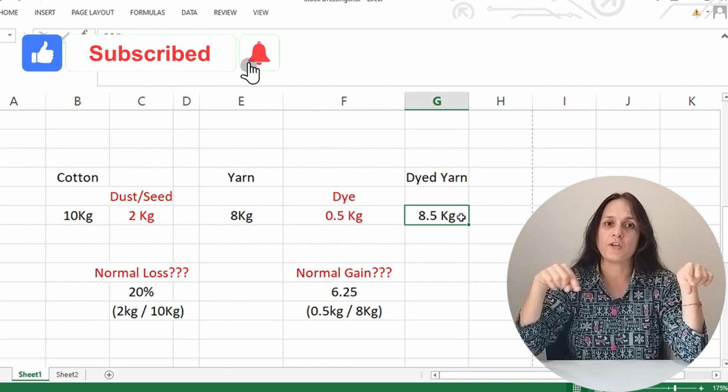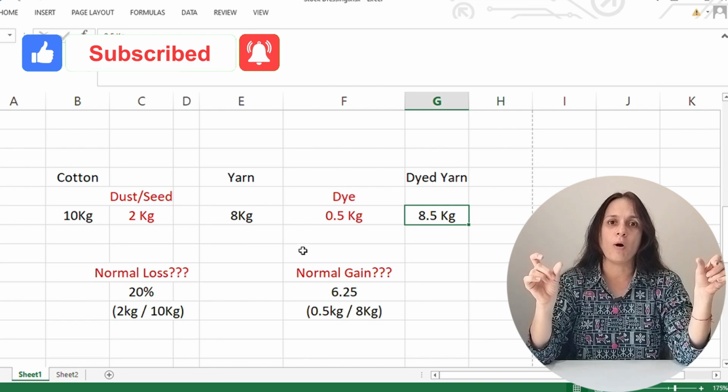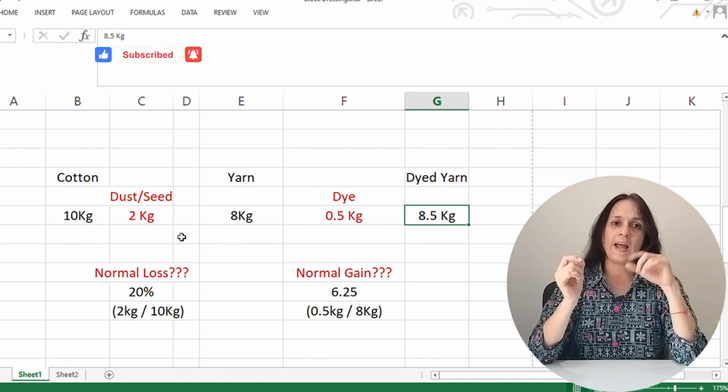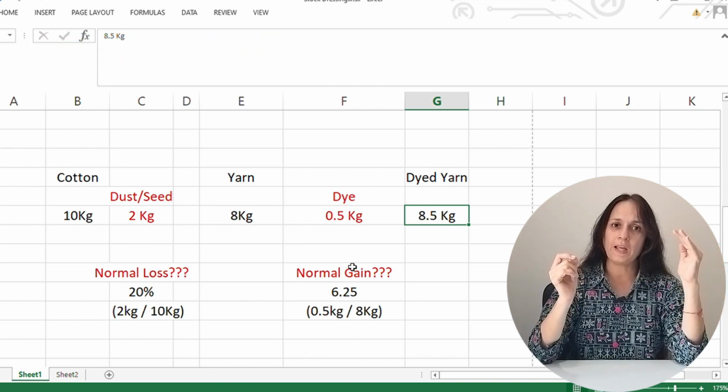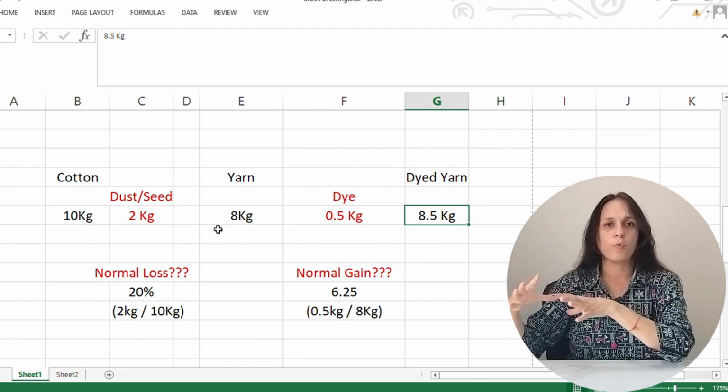And then if you measure considering this normal loss, you will understand what was the opening, input, output, and closing. But if you don't understand the industry, the management can simply tell you, yes, here there was a weight loss, here there was a weight gain, and you are really lost in all those explanations.